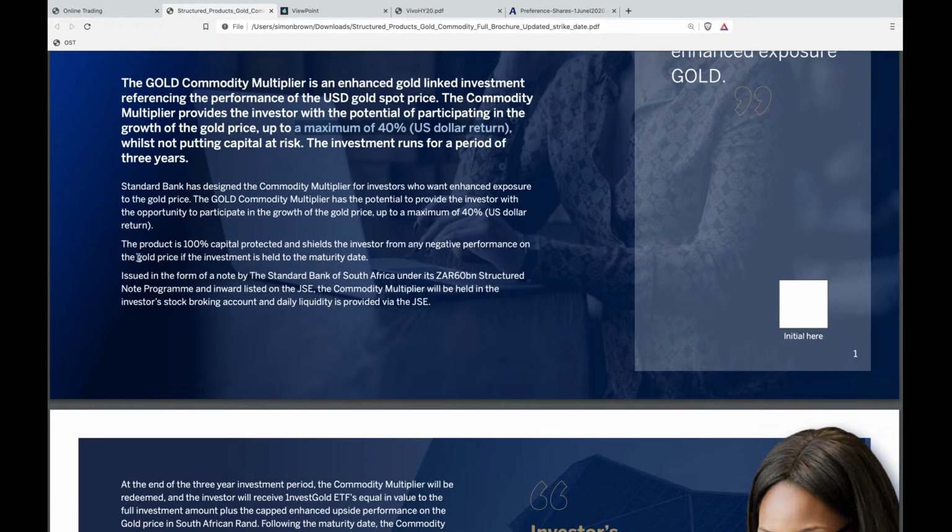What's also important with it is the product is 100% capital guaranteed, and it therefore shields investors from negative performance in the gold price if the investment is held to a maturity date. 2 important points there. 100% capital guaranteed. You will get your money back, no questions asked, if you hold to maturity date, which implies, and this is important, so this is obviously a term document, and it therefore runs for a finite period of time.